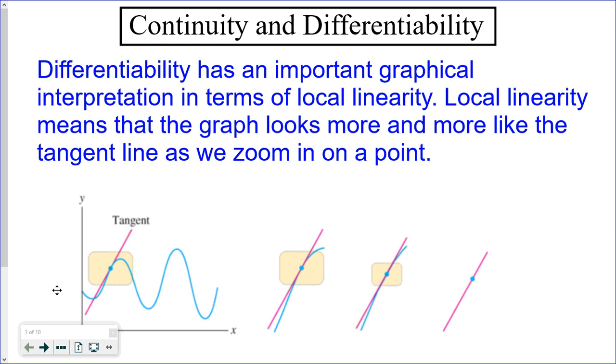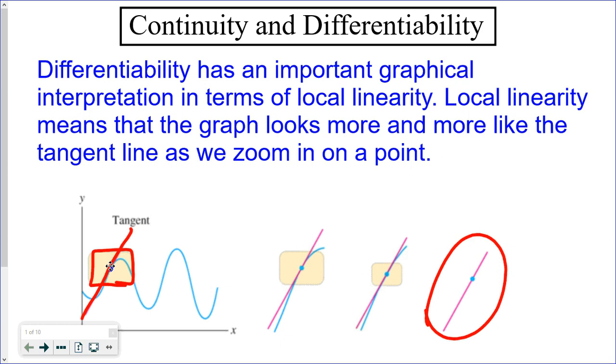Local linearity just means if we pick a point on the graph of a curve and we draw the tangent line through that point, if we were to zoom in on that point enough times, eventually you're not going to be able to tell the difference between the curve and the tangent line.